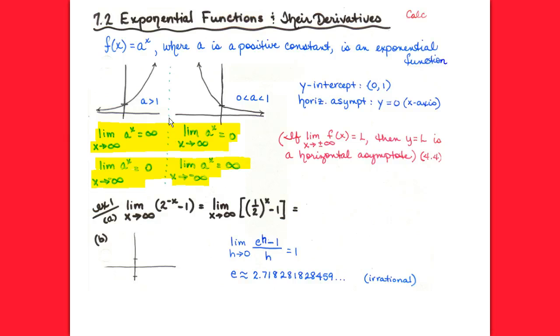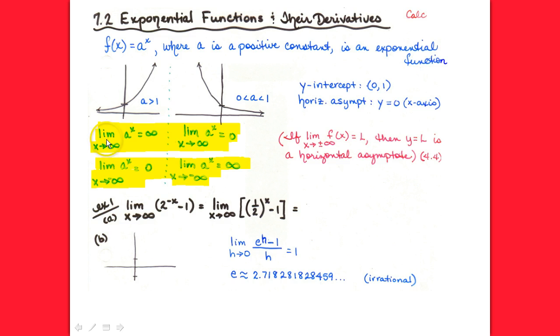That leads us to our horizontal asymptote, because remember we learned back in section 4.4, if you take the limit as x approaches a positive or a negative infinity for a function and you actually get a numerical answer for that limit, then that value will be equal to y as a horizontal asymptote.